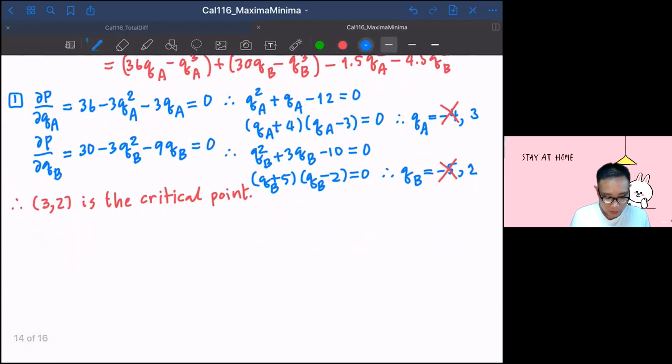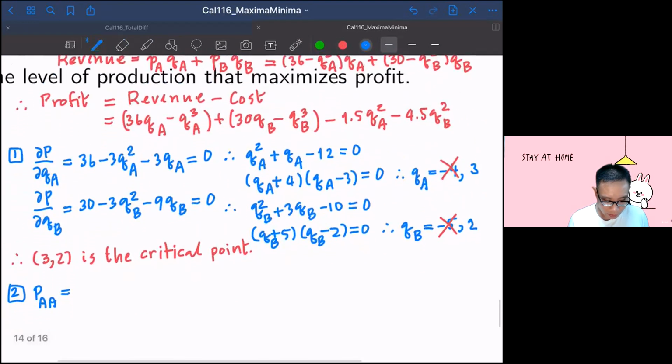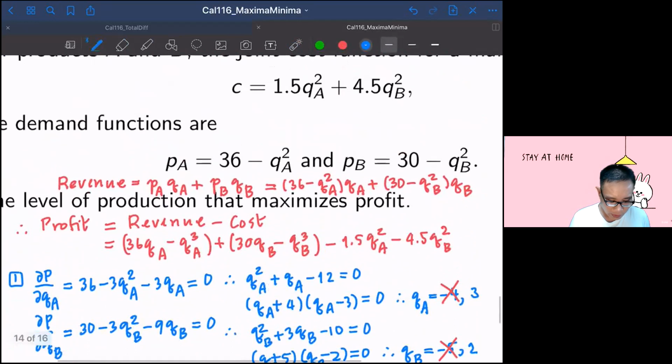The next one, you're going to find the second derivatives with respect to QA and QB. So you need PAA. For PAA, you take a look here and here. When you find the derivative with respect to QA, it turns out to be negative 6 QA minus 3.